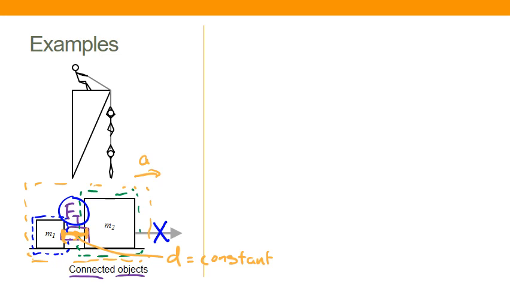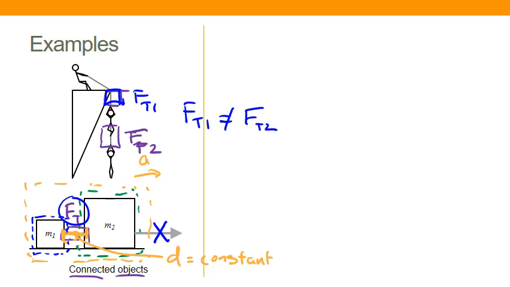Or even if we're not accelerating, if you look at the case where we have two masses hanging connected by a rope, the tension in this lower part, let's call that the force of tension 2, isn't necessarily the same as the force of tension in this upper part. Force of tension 1 is not necessarily the same as force of tension 2.